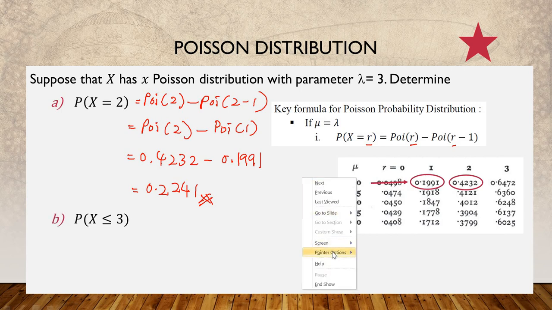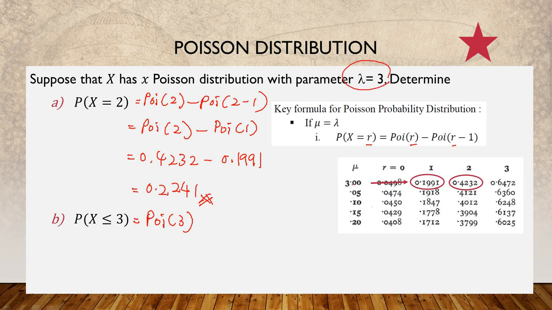What we need to do is write poi r. Our r is 3, so poi 3. Since our lambda is the same, we look at 3 as well, but we want r equals 3, so the value is 0.6472. That's all.